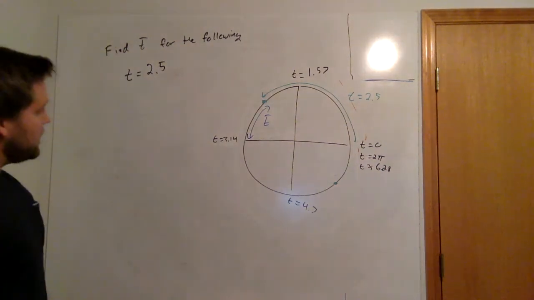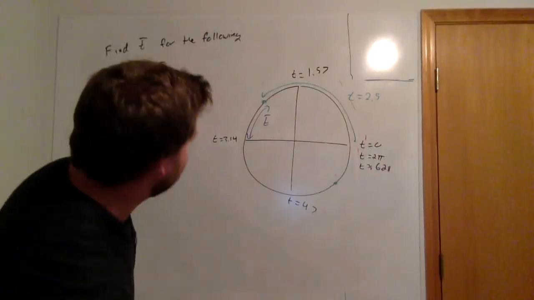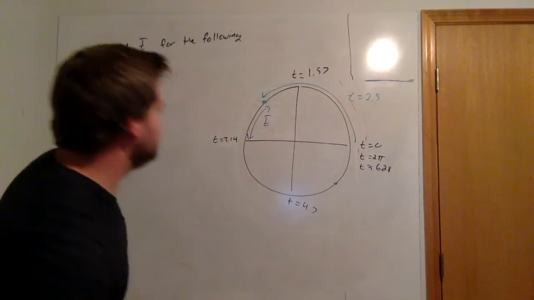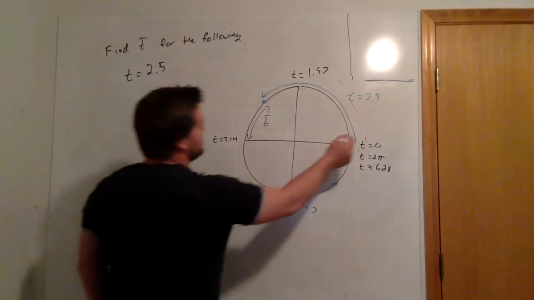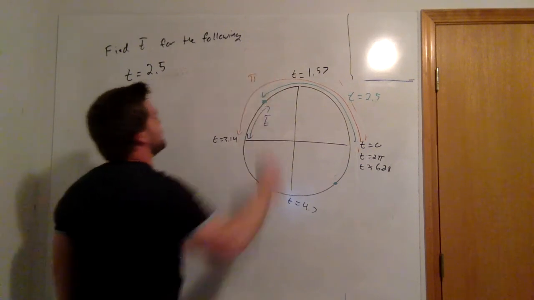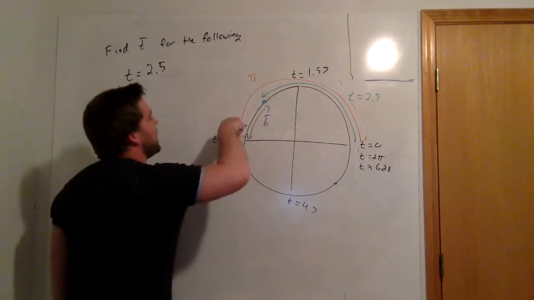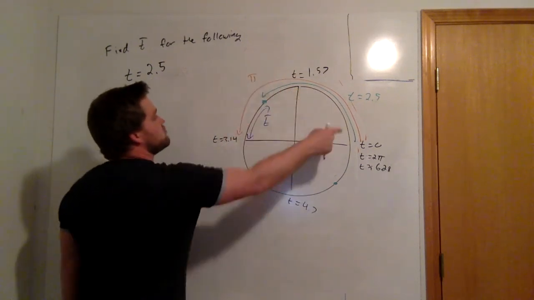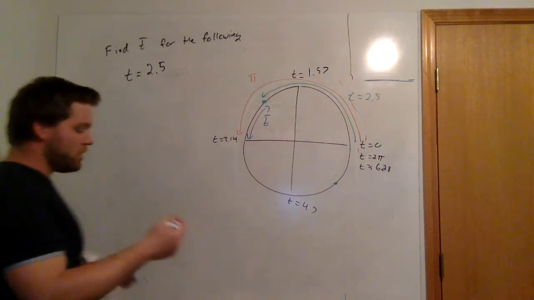So how am I going to figure out this one? What's the easiest way? What I'm going to notice is that if I go halfway around the circle, a distance of pi units, I could take that distance pi and subtract off the green, the 2.5, to get our t-bar.